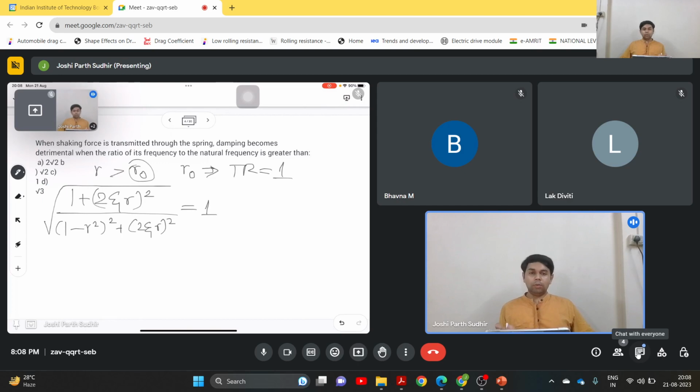So we need to solve this equation to get the value of R for which this is equal to 1.